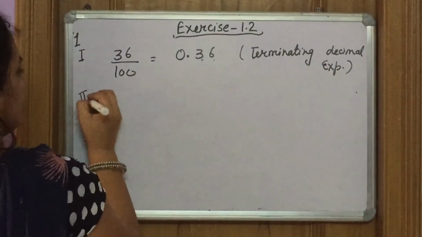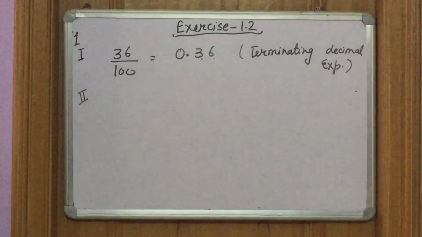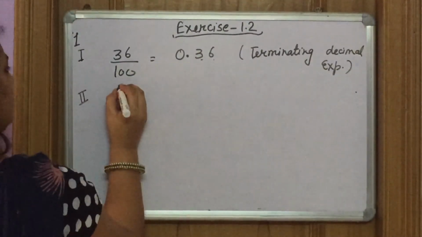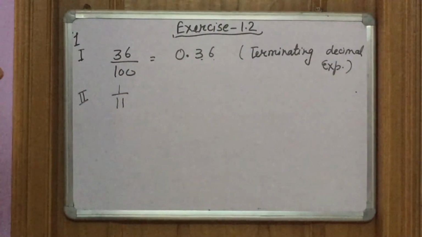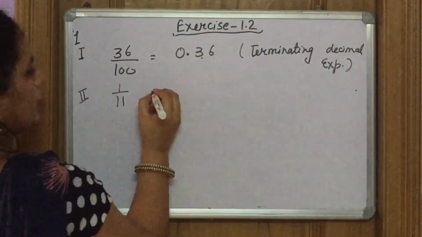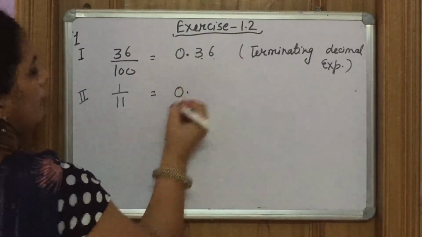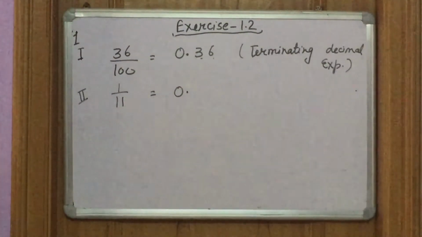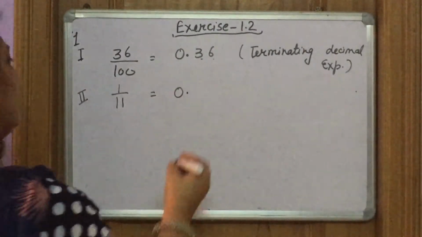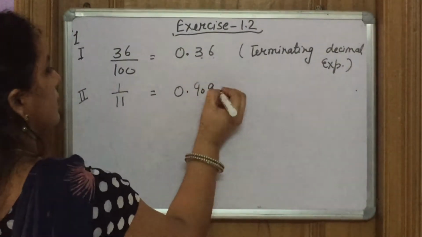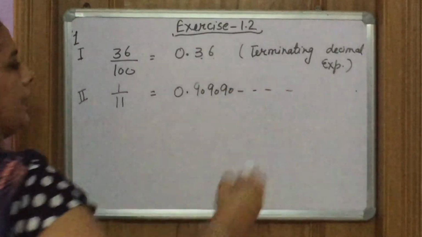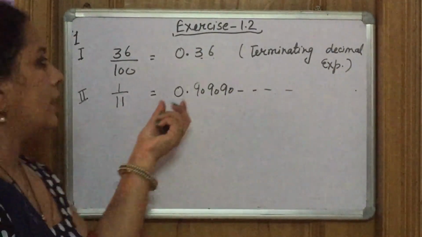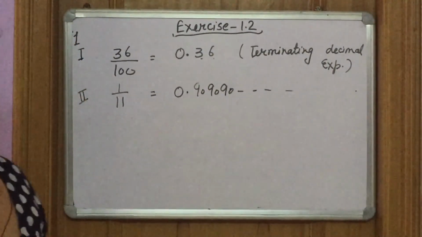Next part is 1 by 11. You have to divide 1 by 11. When we divide these two numbers, we get the answer 0.909090 up to infinite. So here the answer is repeating after two steps.